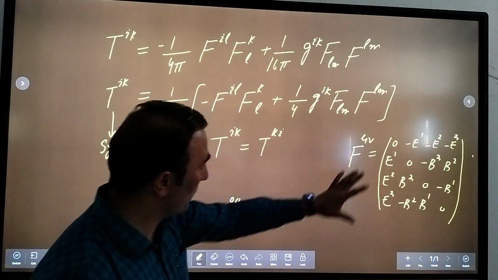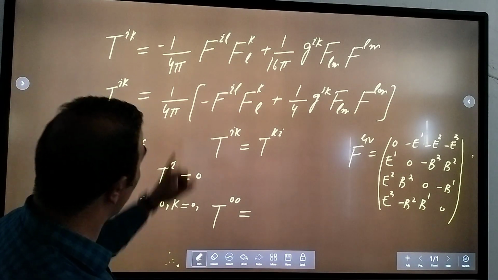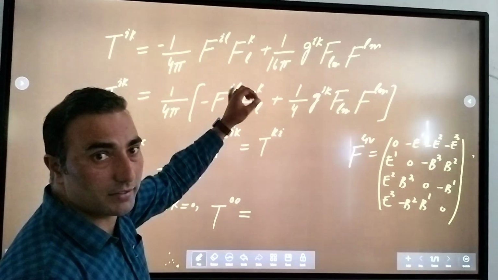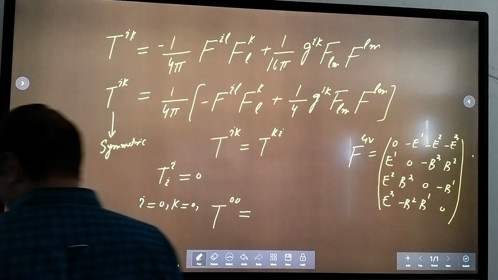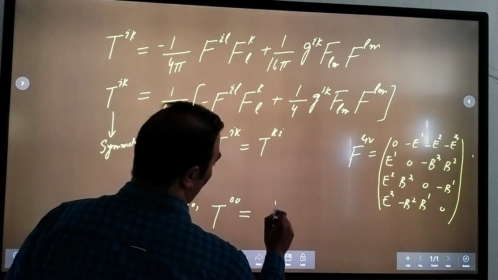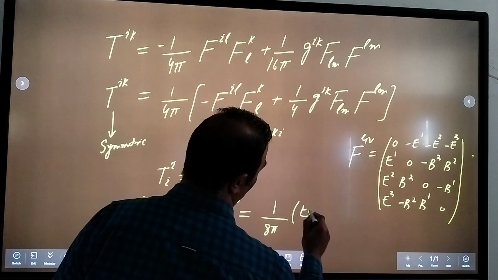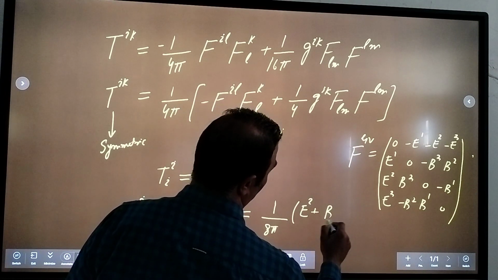So if we use this property here, because we have i equal to 0 and k equal to 0, when we substitute this, and these indices run from 0 to 3, it includes all the components. So we can find that T00 will be equal to 1 by 8 pi into E square plus B square.